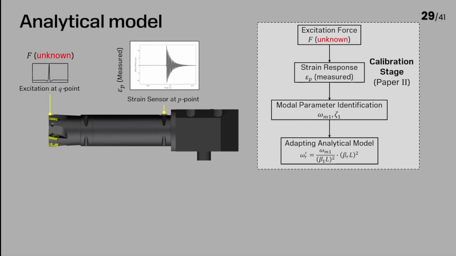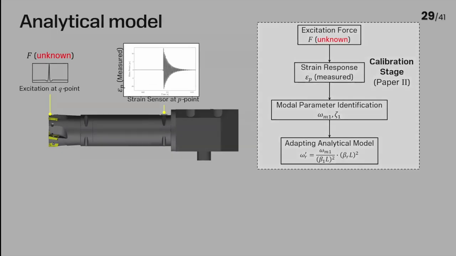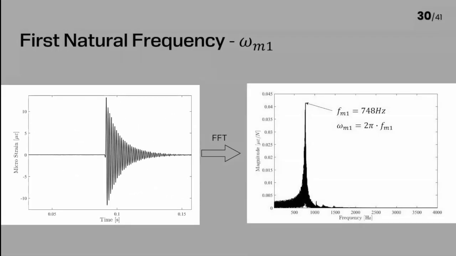To address this limitation, we proposed a practical alternative. So we're applying an unknown impulse load at the free end, like this. And we use the sensor to capture this impulse response. By applying a Fourier transform to this measured response, we convert the signal to the frequency domain.